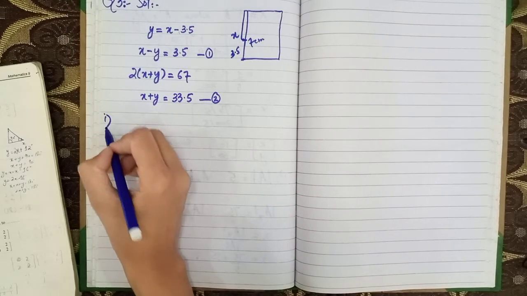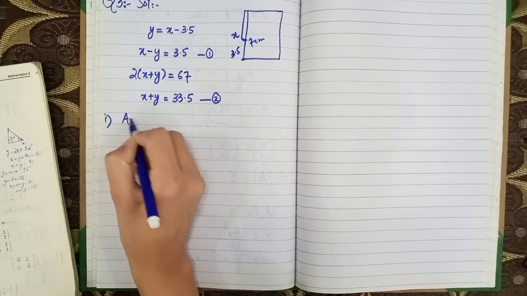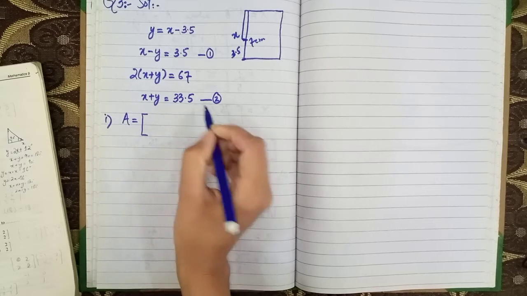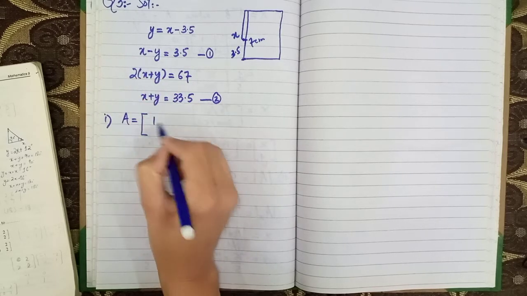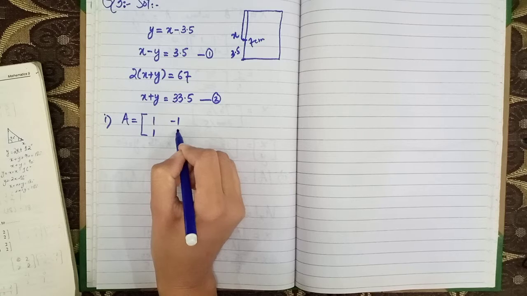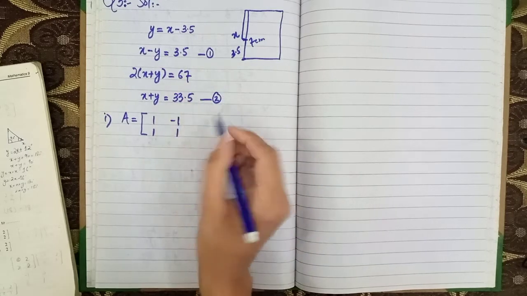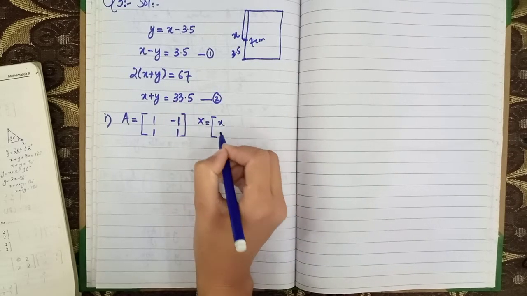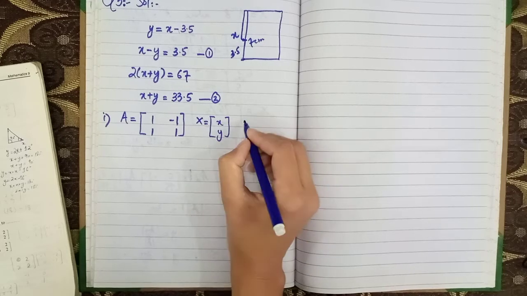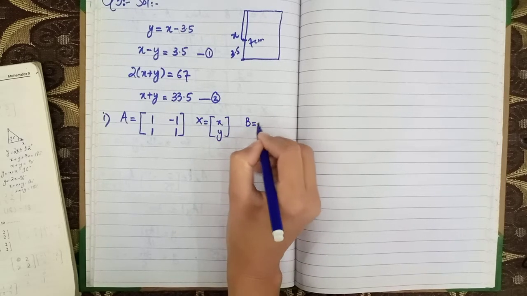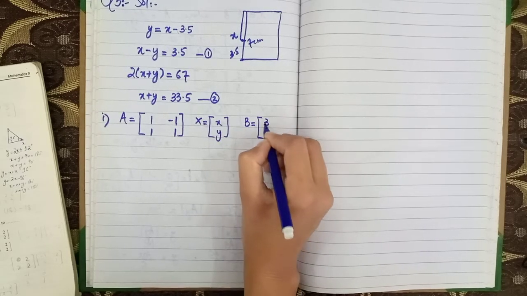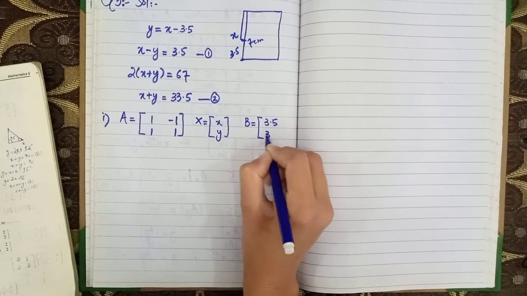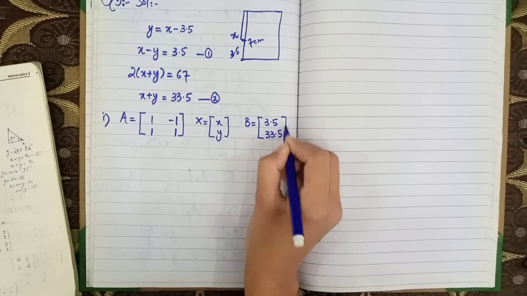Now, by the matrix inversion method, let's make the matrices first. 1, minus 1, 1, 1; X is xy, and B is 3.5, 33.5.